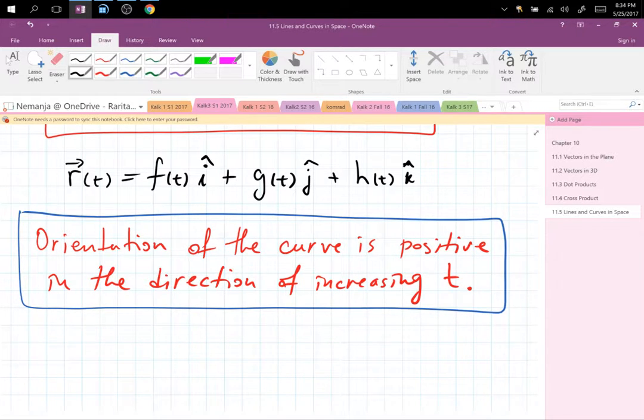Those of you who took my Calc 2 final, you know that this was on the final, this particular statement. This is covered in 10.1, orientation of parametric equations.